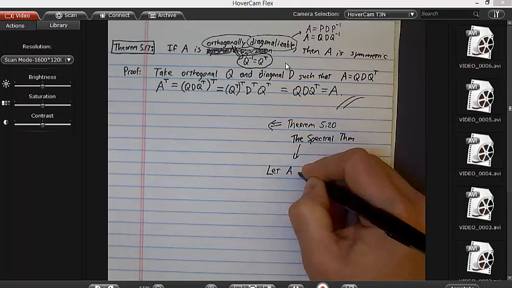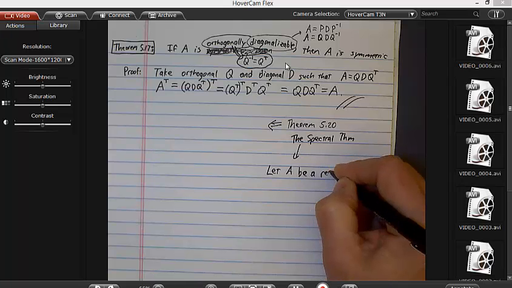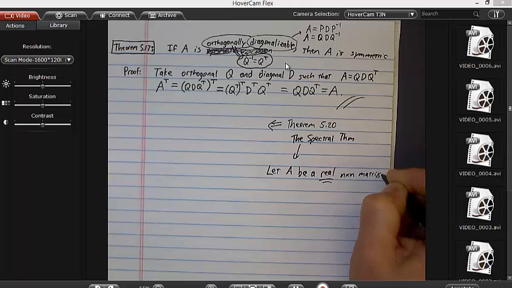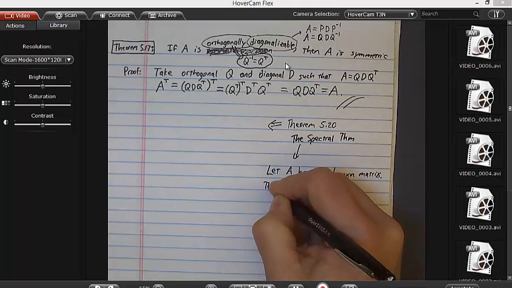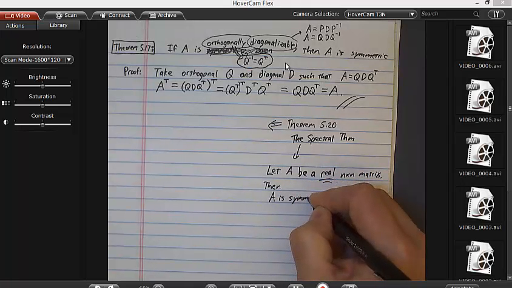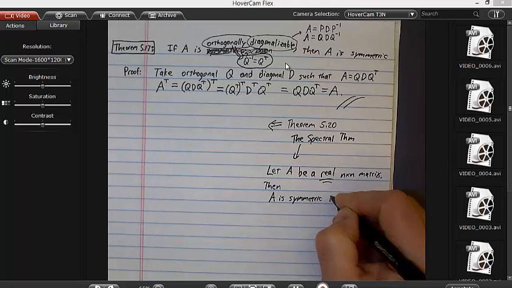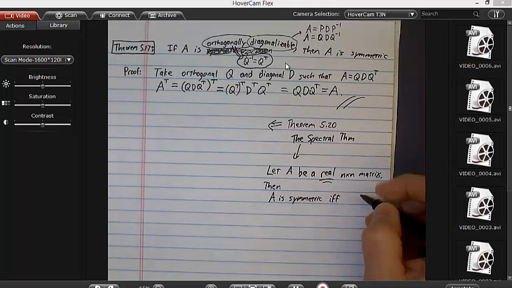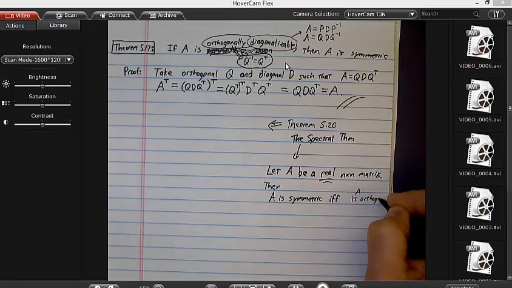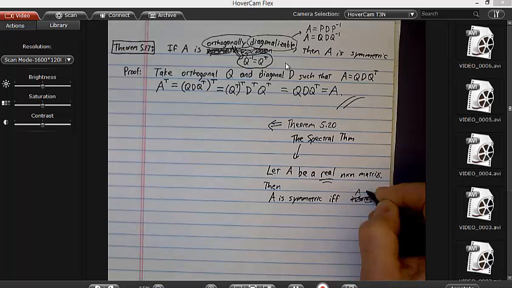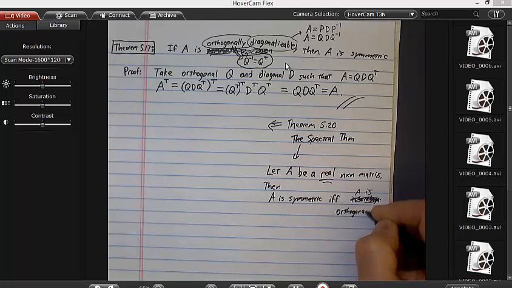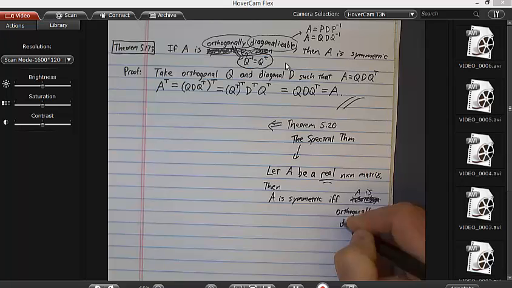Let A be a real n by n matrix, then A is symmetric if and only if A is orthogonally, oh boy, I can see why you had trouble spelling. Let me try that again. A is orthogonally, double the L-Y, diagonalizable.